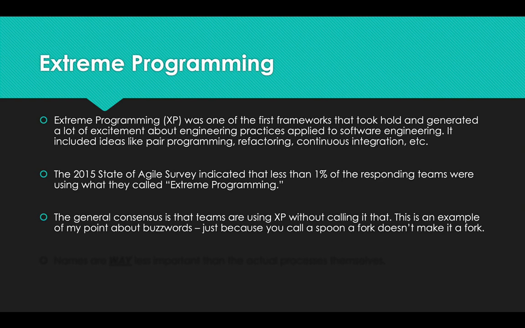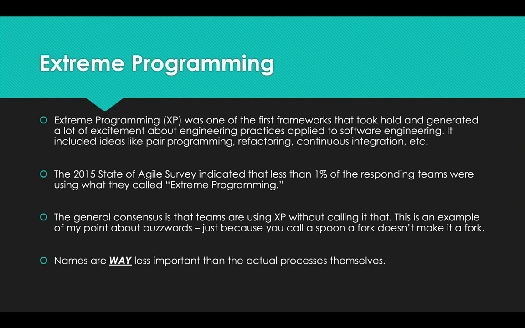And so just because people weren't calling what they were doing extreme programming doesn't make it not extreme programming. People are still using pair programming, they're still using refactoring, they're still using continuous integration, they're just using it potentially in a different configuration, or they're using it as part of a larger framework that's more modern.